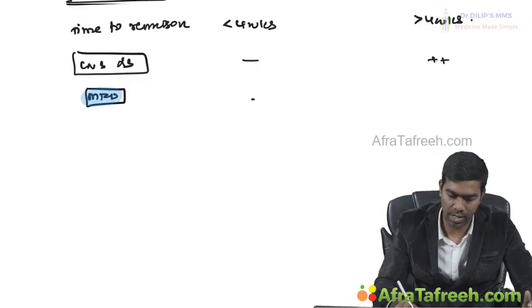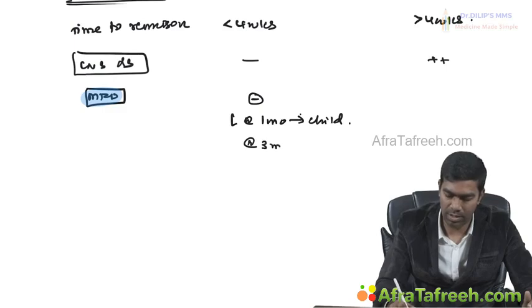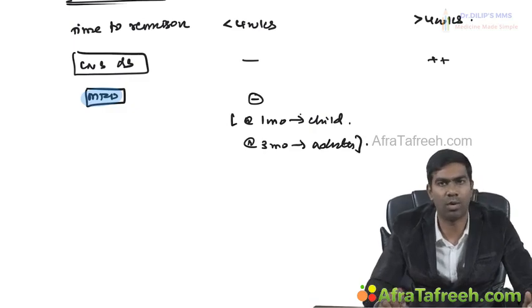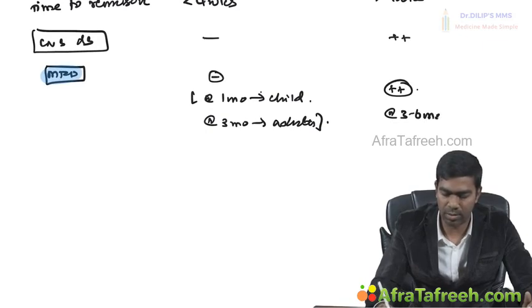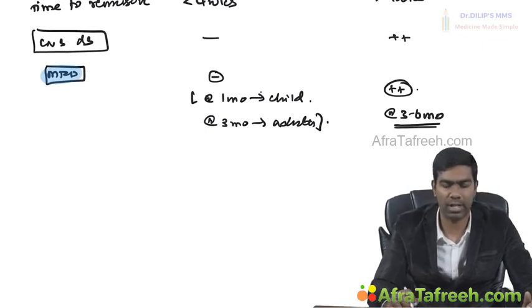If it is negative at 1 month, we'll check if it's a child. At 3 months we will check if it's for adults. At 3 months it is negative for adults, or at 1 month if it's negative for a child, that's a good risk relatively. But if minimal residual disease is still present at 3 to 6 months, you are checking for it and still it's present, definitely it's a poor risk.